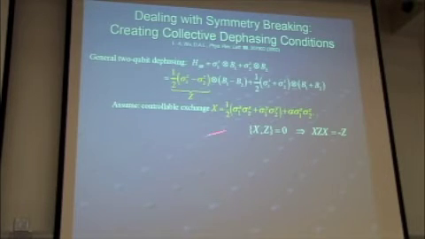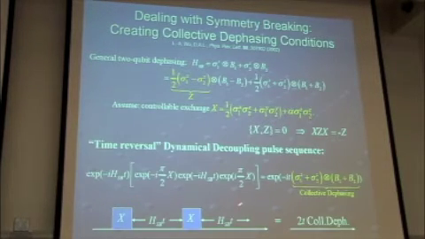So if we turn this x on and off by virtue of being able to do it in our quantum dot system, we can run this kind of a sequence. Let's start with the pulse, free evolution, pulse, free evolution, and then by the very same algebra that I showed in the previous slide when I just had a single qubit, this x is going to flip the sign of this z, and it will cancel this term. What's going to be left is just this term, and this term is a collective dephasing term.